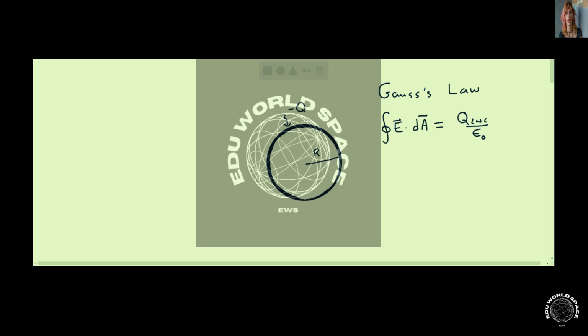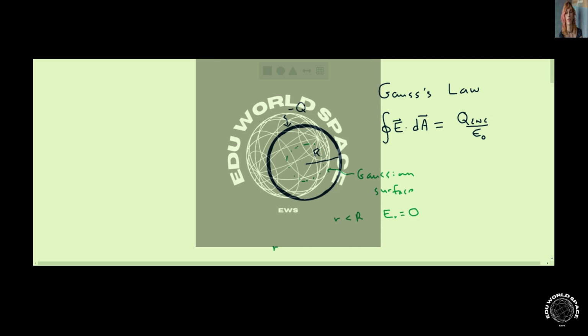However, on the inside, I can draw a little Gaussian surface on the inside of the sphere, and there is no enclosed charge. So what that tells us is that when r is less than R, the radius of the sphere, the radial electric field is zero.